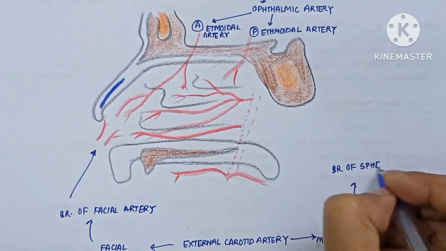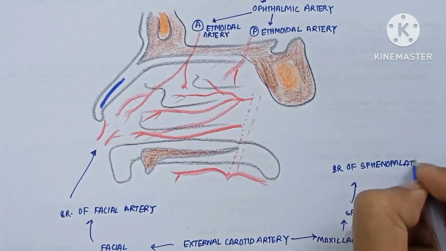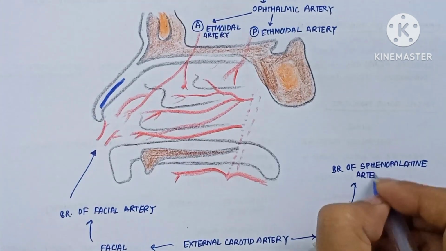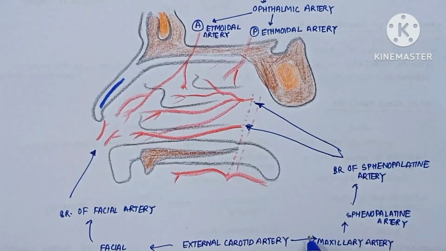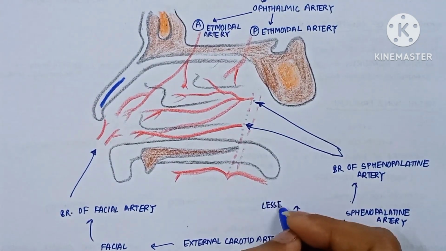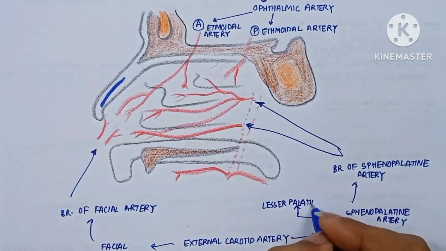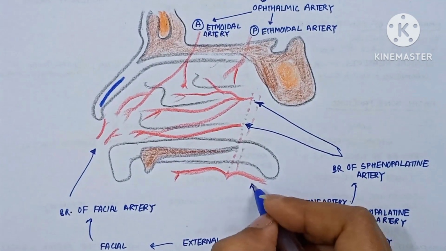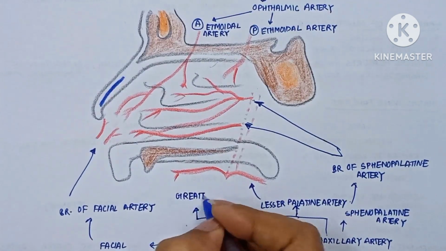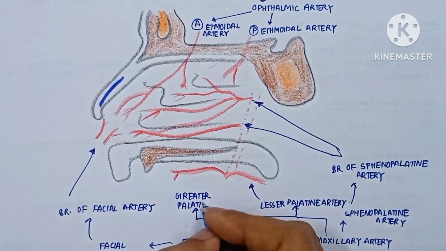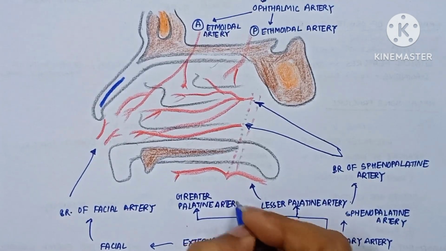Some branches of the sphenopalatine artery supply the lateral wall of the nose posteriorly. The maxillary artery gives more branches: the lesser palatine artery, which supplies the inferior part of the nose, and the greater palatine artery, which also supplies the inferior part of the lateral nose.